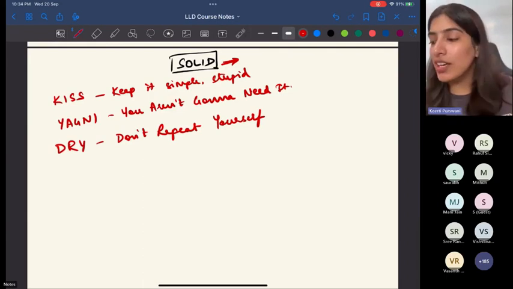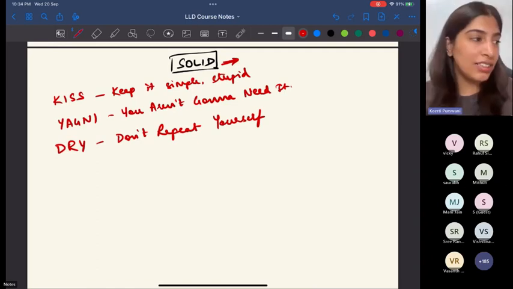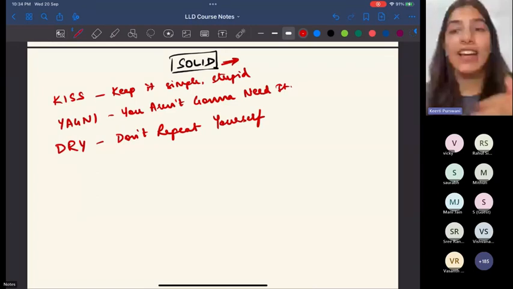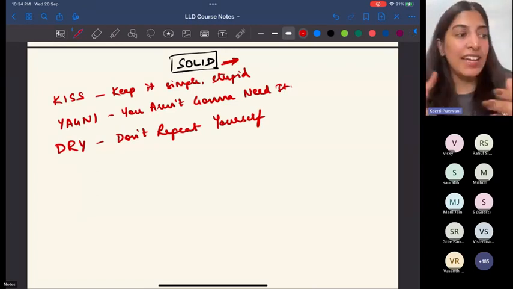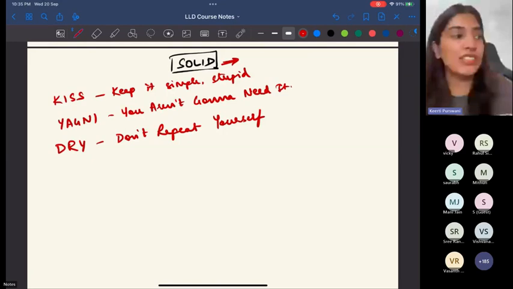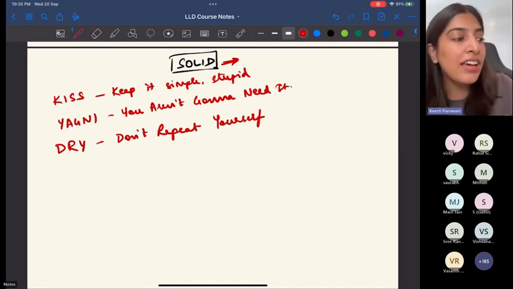Okay, the third one is don't repeat yourself. We have already learned that we have to reduce redundancies. HLD people will remember all these terms: eliminate redundancy, improve maintainability, reduce repetition. It should not be just for code. It should be across the system, for testing, for documentation.